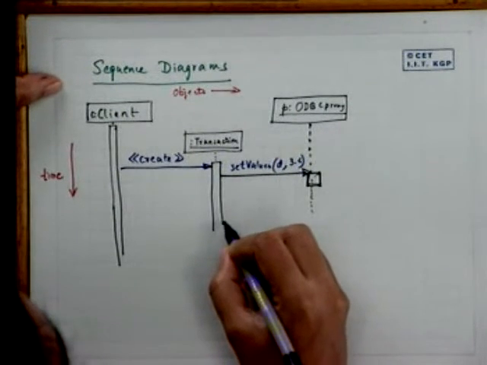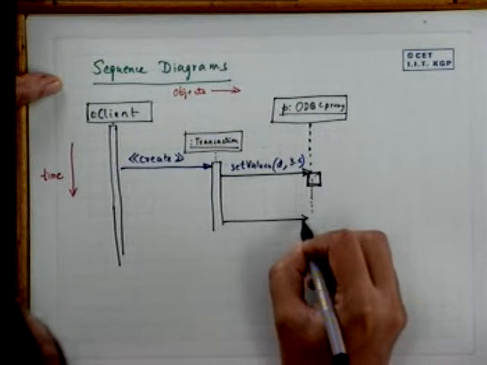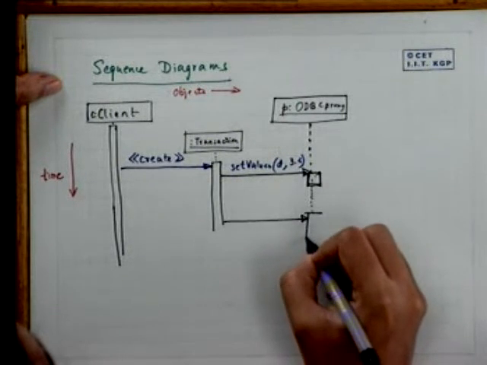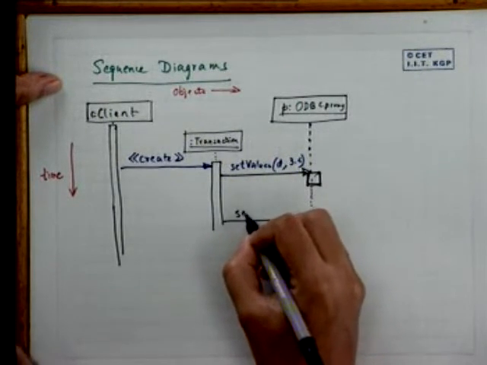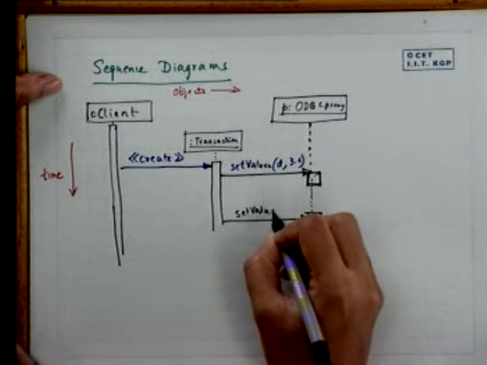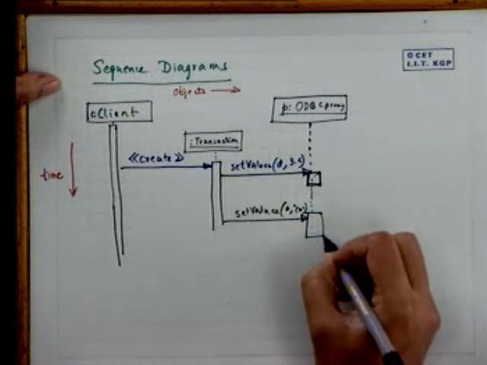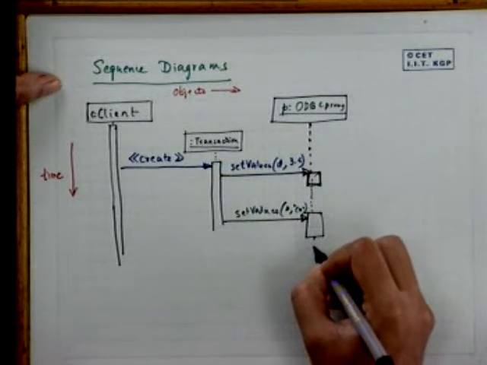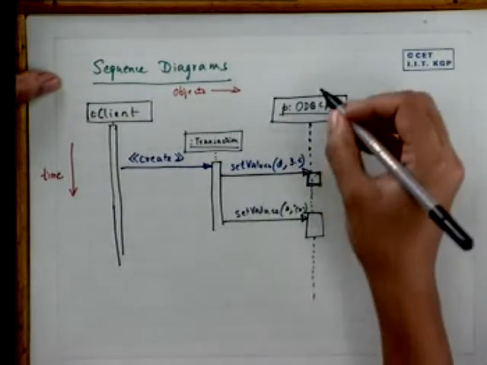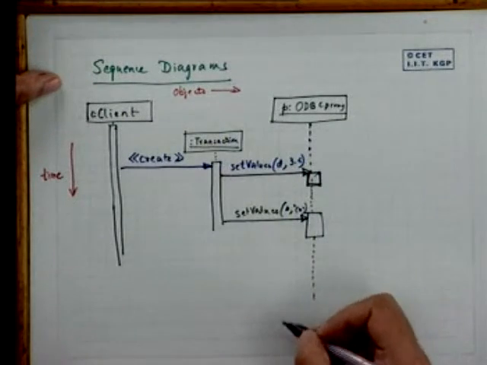Subsequently, this transaction process sends another message to the ODBC proxy server. Let's say that the message is set values, another set values message, and then some other computation takes place. And the ODBC proxy server continues computation.